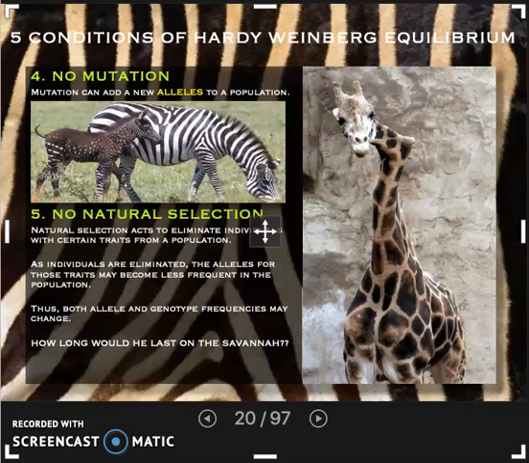Okay, so those are the 5 conditions of Hardy-Weinberg equilibrium. Remember, it's an idealized view of populations, and of course, in science, we have to use models to understand complex systems, and populations are complex systems, to say the least.